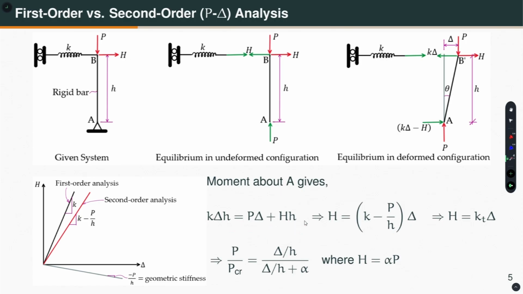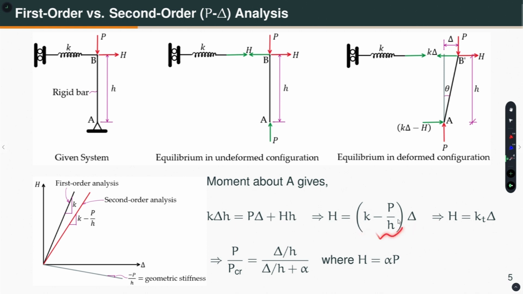Okay. So, from here I can express the lateral load capital H is equal to K minus P by h into delta. Okay. So, what is this relationship telling me? This is a relation between the applied lateral load H and the displacement delta.